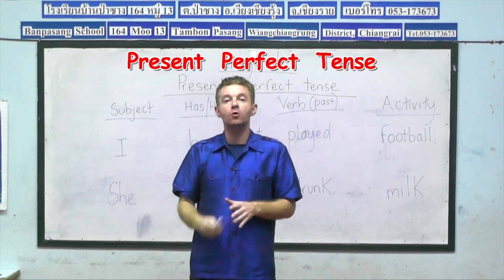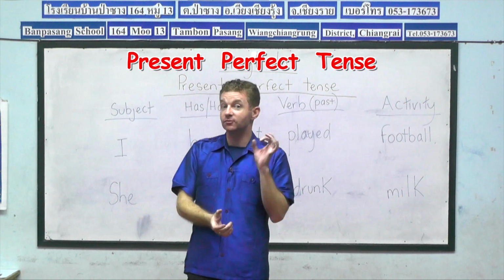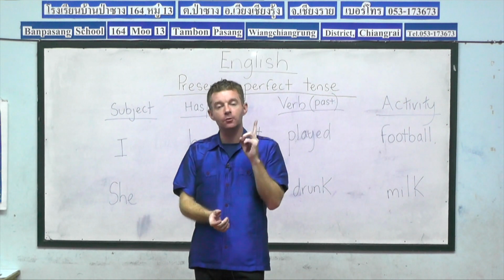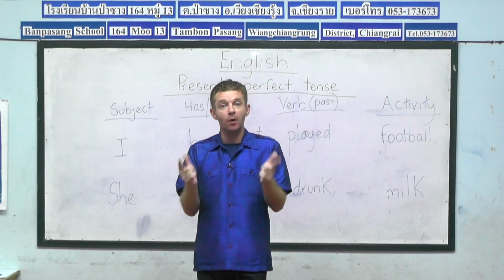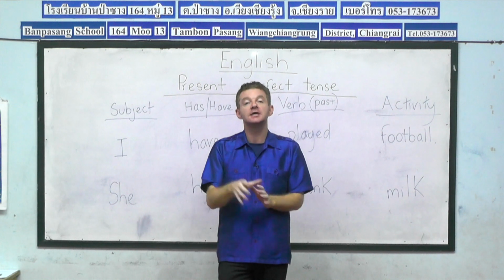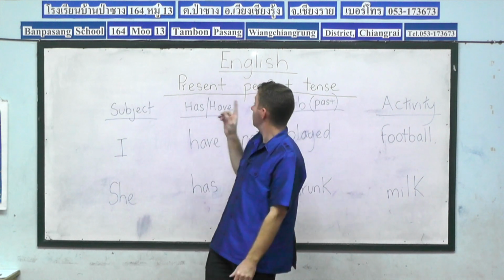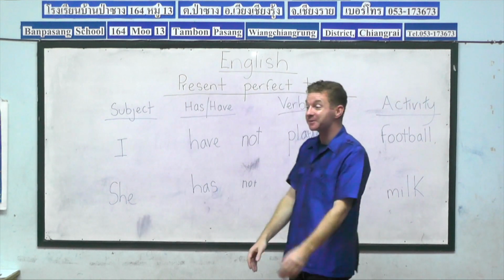So what we've got coming up now is a PowerPoint presentation for our students to observe, listen to, and also practice speaking the questions, the positive answers, and the negative answers that we can use in the present perfect tense. So let's turn to look at the TV screen, please, guys.